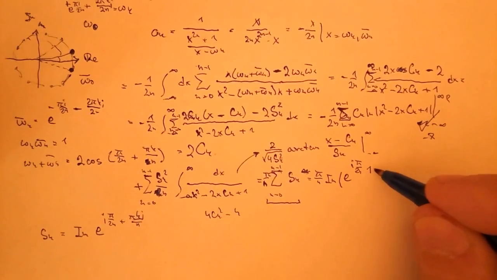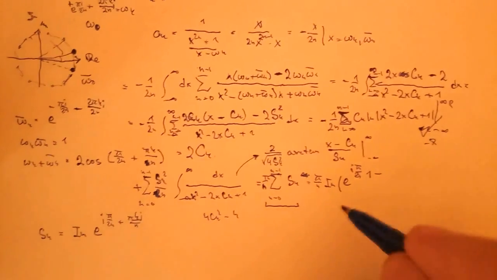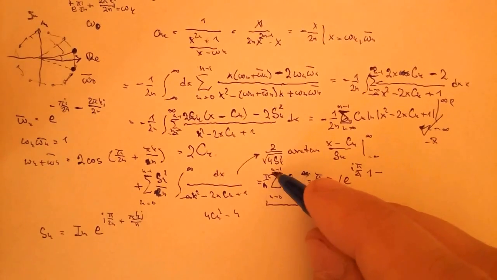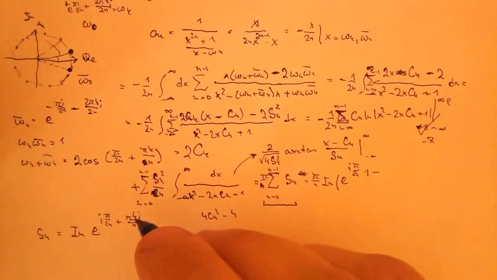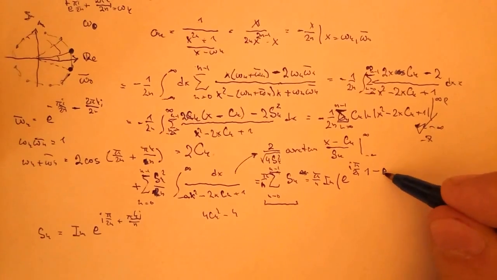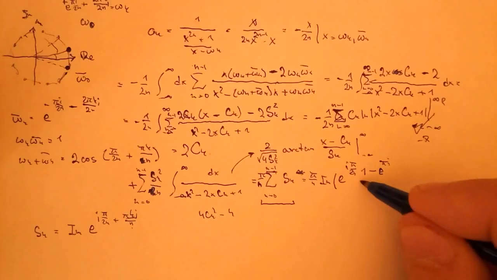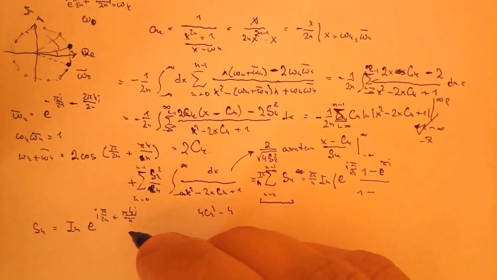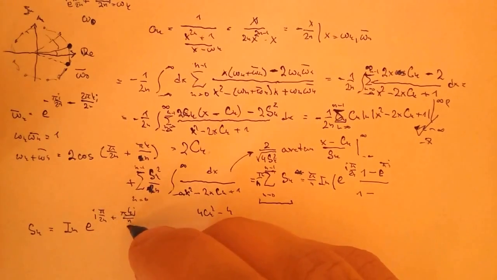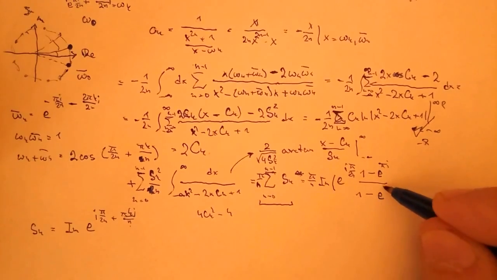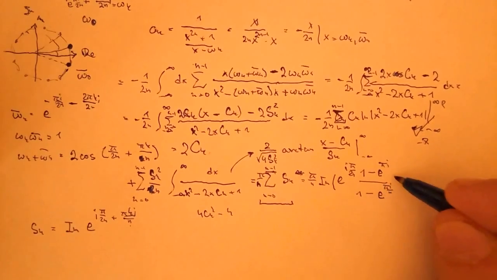The formula is 1 minus, and there are n terms, so there is e to the power of n times this, so this is pi i, over 1 minus the quotient, which is pi over n times i, so this is e to the power pi i over n.